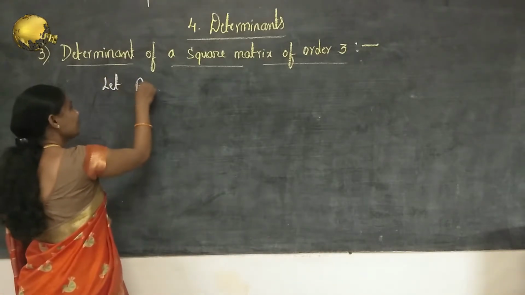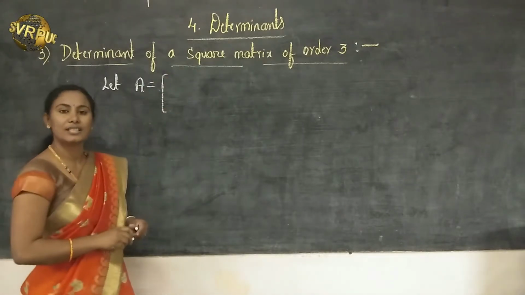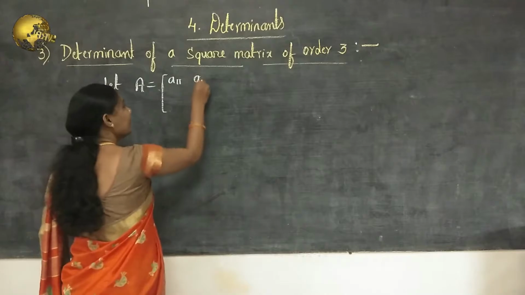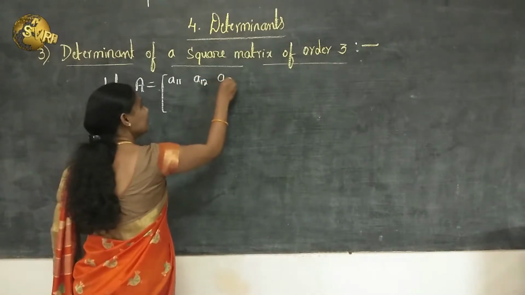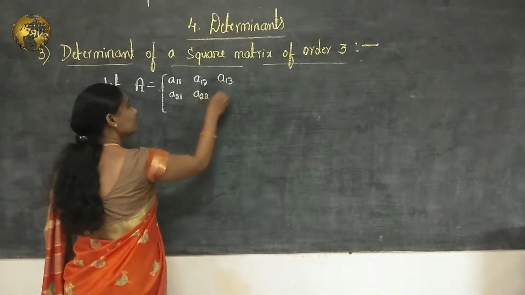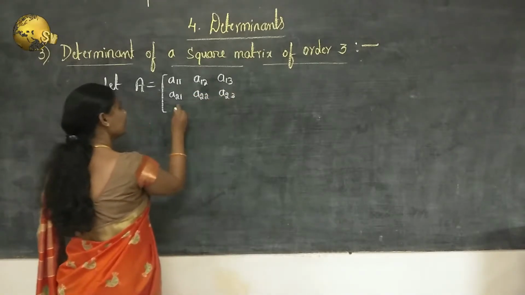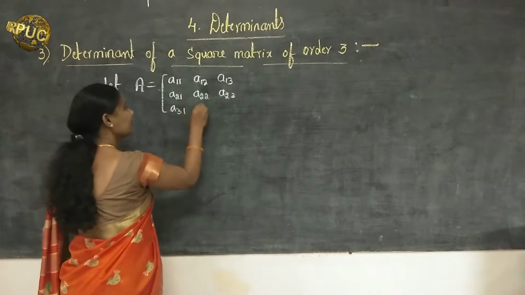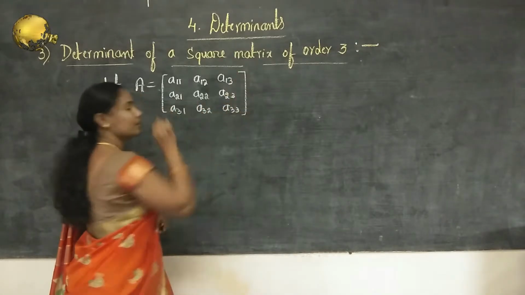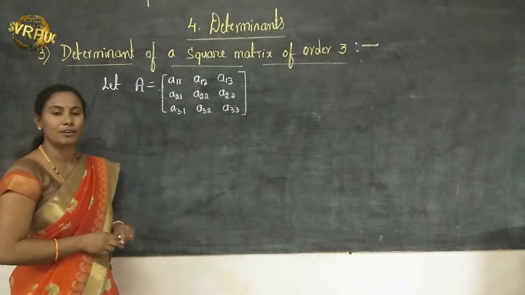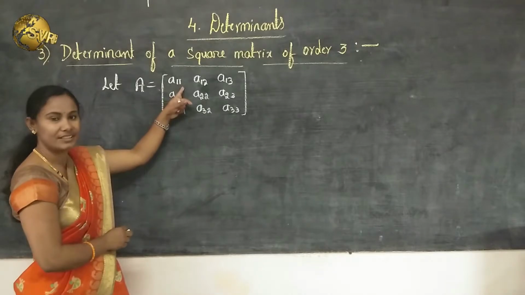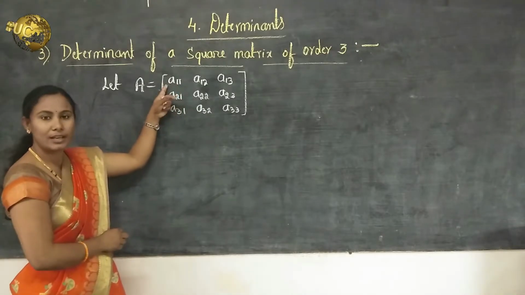Let A be equal to, I will take here a general matrix of order 3, that is A11, A12, A13, A21, A22, A23, A31, A32, A33. Yes, this is a general matrix of order 3 because here in each element, the suffixes represent the position of the element.